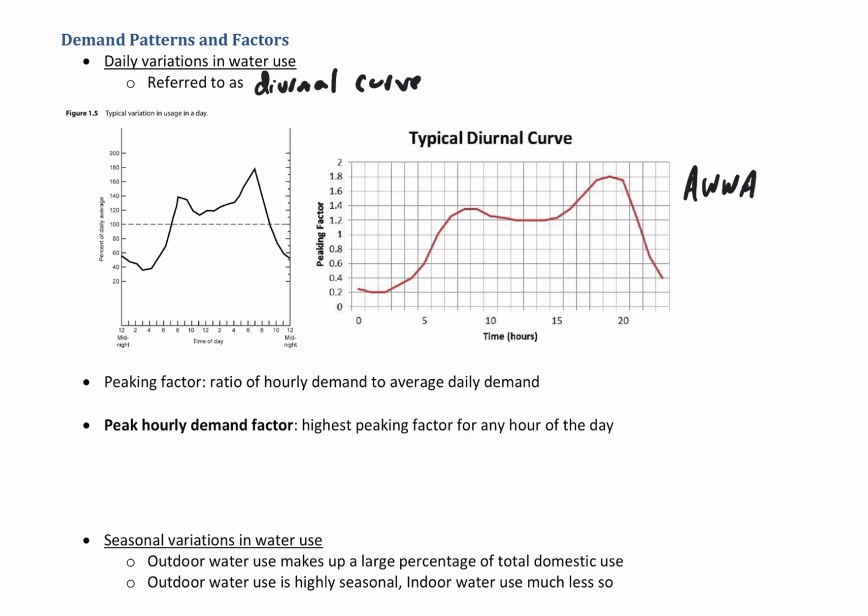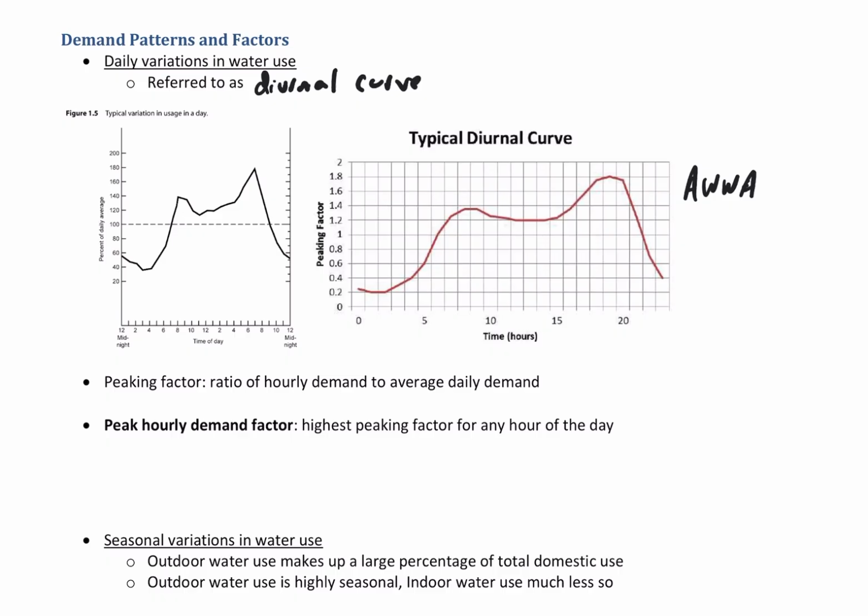And often we don't have a good diurnal curve for our cities or areas that we're planning for, and so we might use something like this as just kind of a default if we don't have anything else. You can see one on the left as well that is from the book, and it looks pretty similar.